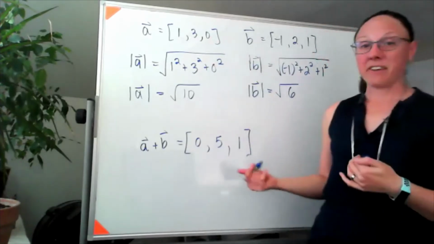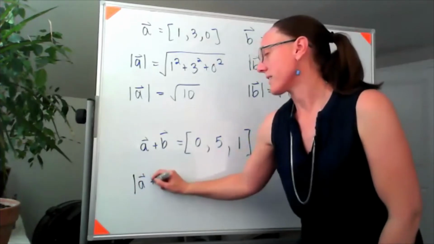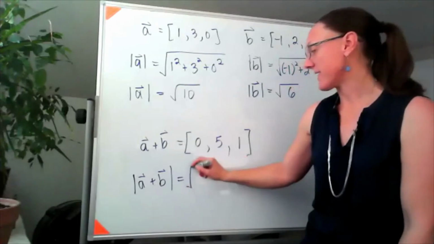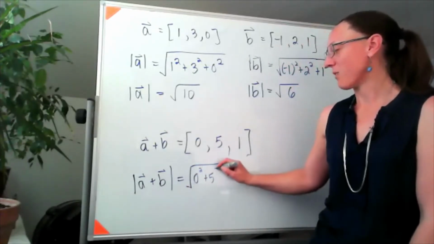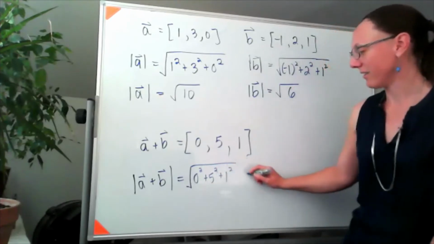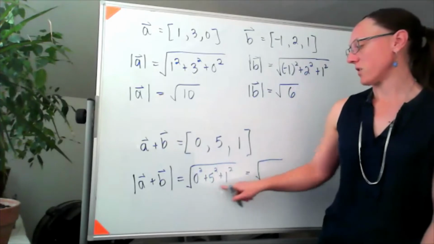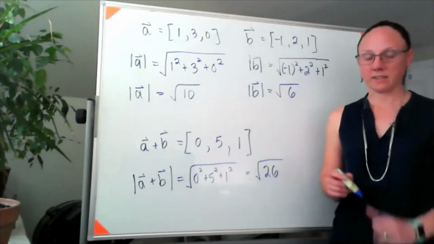And then if I wanted to find the magnitude of that, the magnitude of a plus b, or the length of a plus b, I'm going to do in exactly the same way. I'm going to take the square root of 0 squared plus 5 squared plus 1 squared, and end up with the square root of 5 squared is 25, 1 squared, looking at 26.